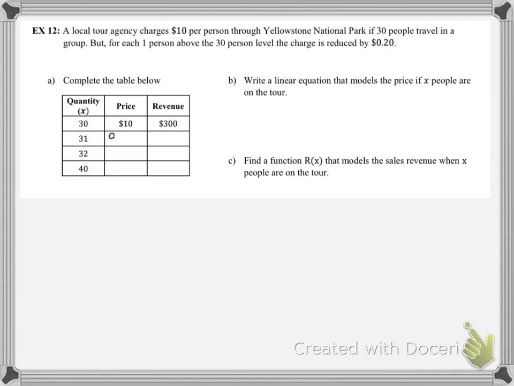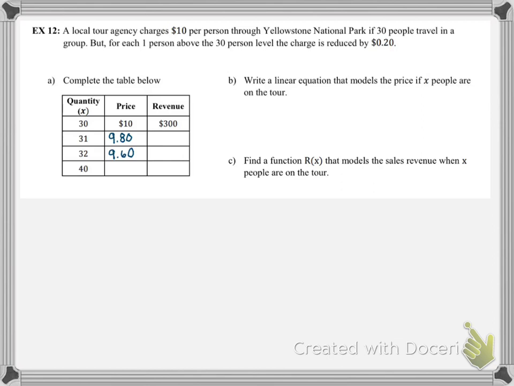So the price will be $9.80. And if we increase by one again, it's going to decrease by another 20 cents, which will be $9.60. And then we increase to 40, which is more than one person. So I'm just going to wait till I write an equation, and then I can plug that 40 into my equation and figure out what the price will be.